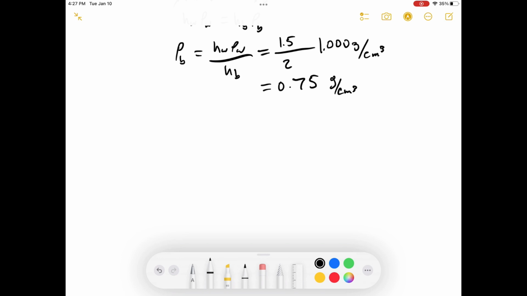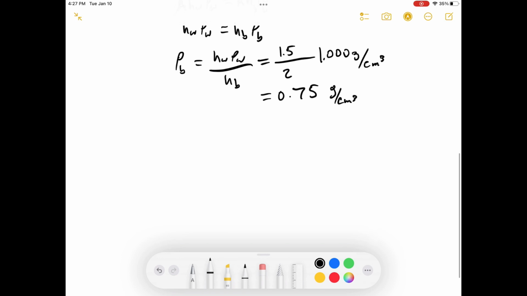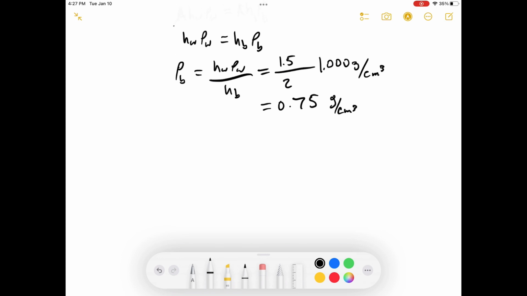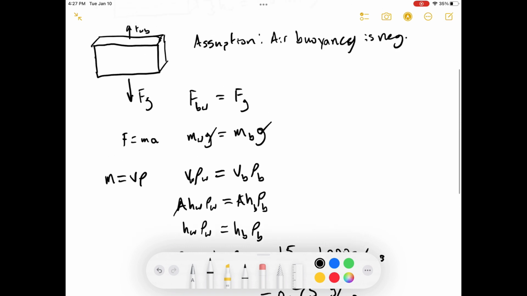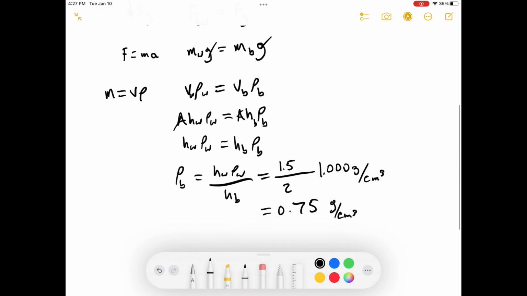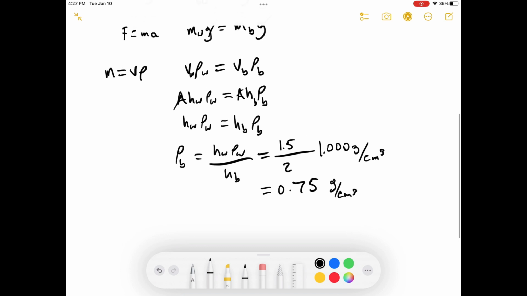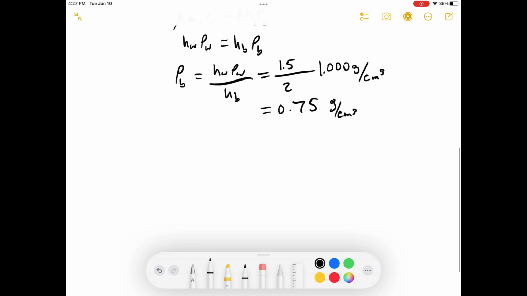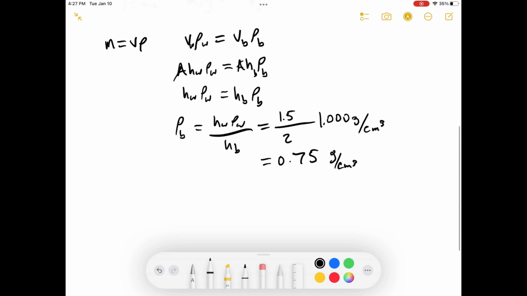So basically doing the same thing, all of the same equation, mass balance, force balance, everything applies still, except instead of having water, we'll swap water with solution. Okay, so everywhere that it says water, we'll change it to say solution.